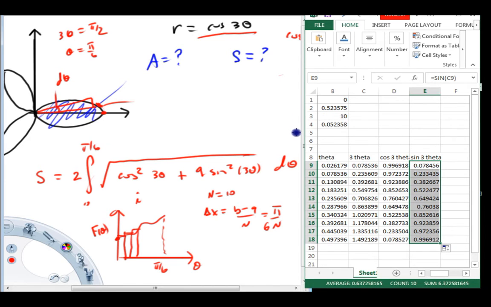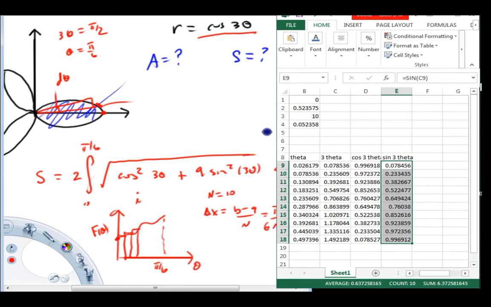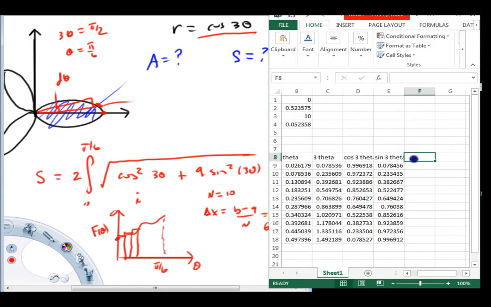All right, I'm going to make this a little bigger now. Finally, our f of theta equals 2 times parenthesis. Now we need cosine 3 theta, this value, and it needs to be squared.